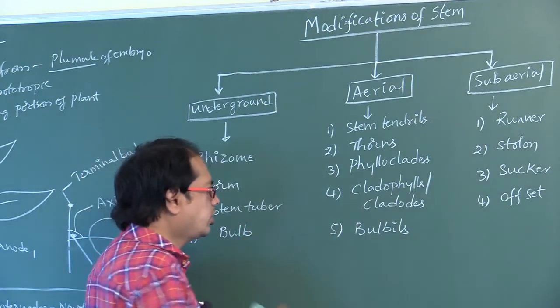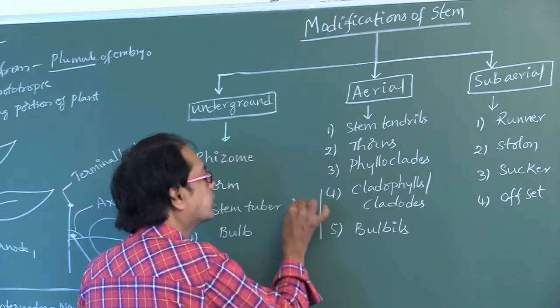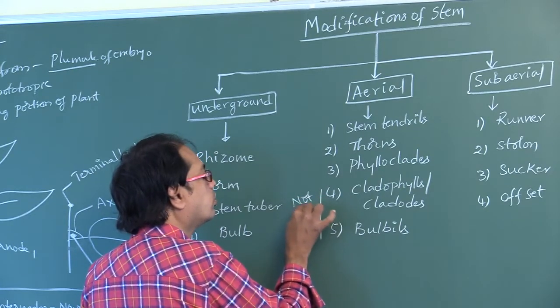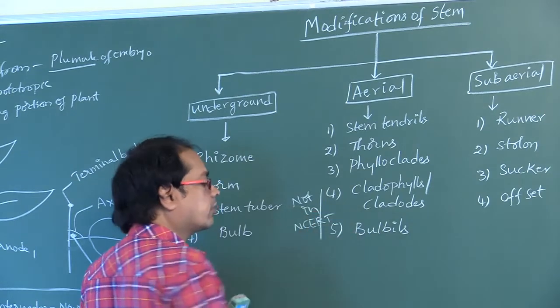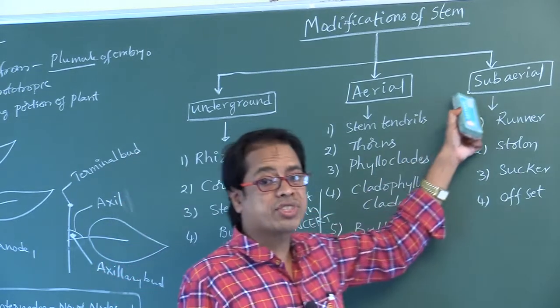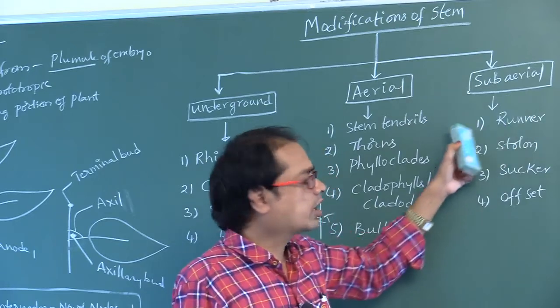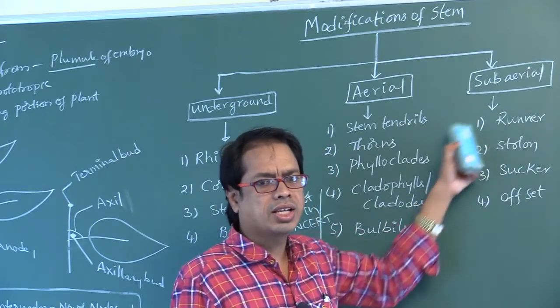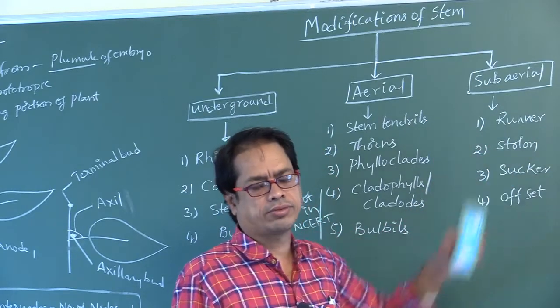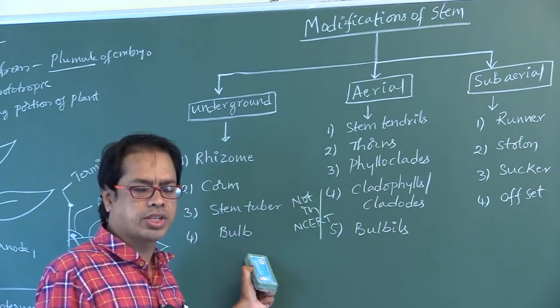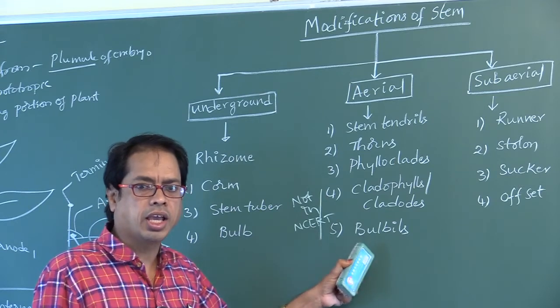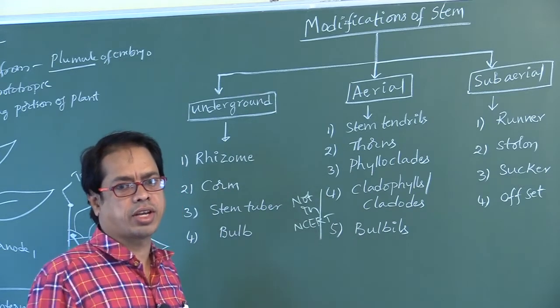Of course, these two are not in NCERT. Next, what are the different types of subaerial stem modifications? Runner, stolon, sucker, offset. So bulb is an underground stem modification. Bulbil is an aerial stem modification.